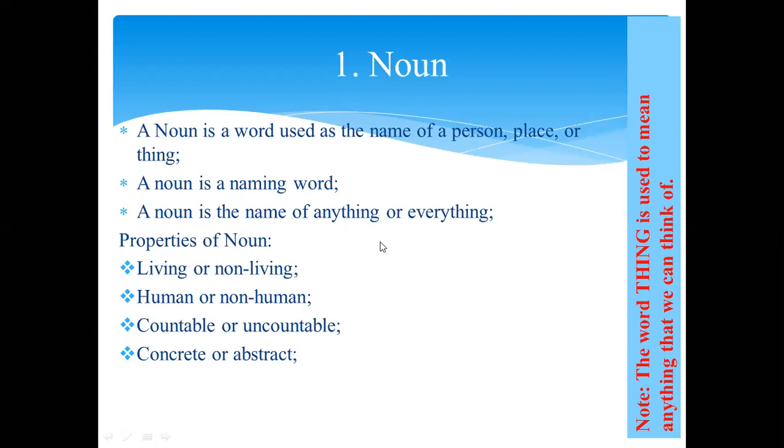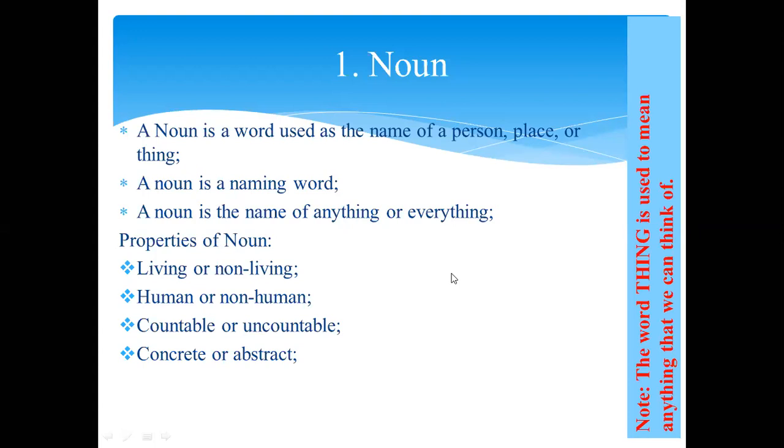When we say anything or everything, note this, what do I mean here? Whatever things around you are present and available, and whatever things you cannot even see, these are all found in the category of anything or everything.